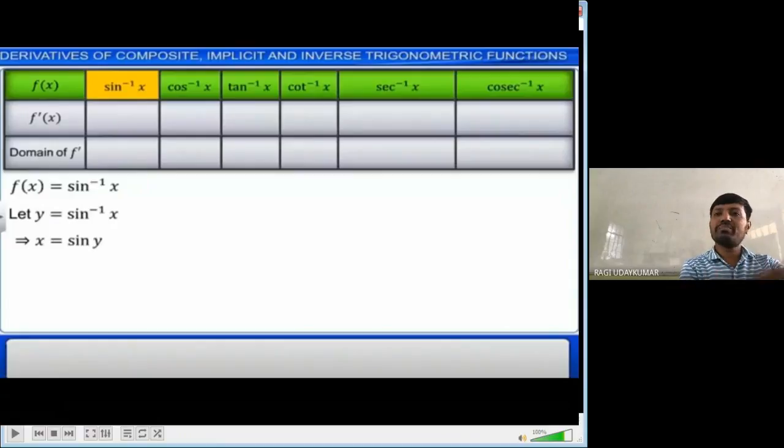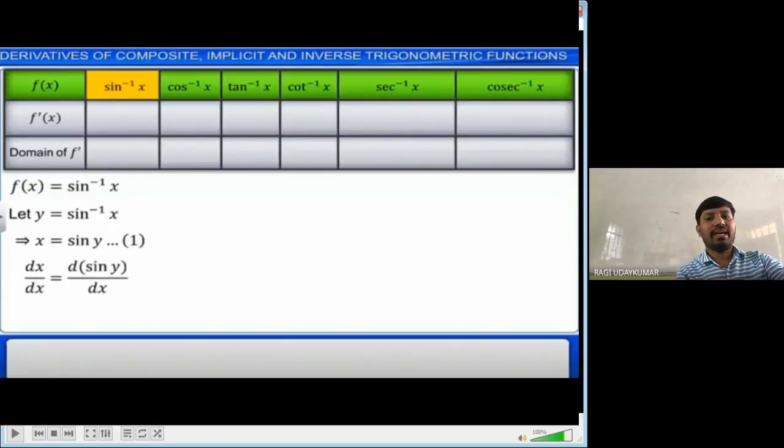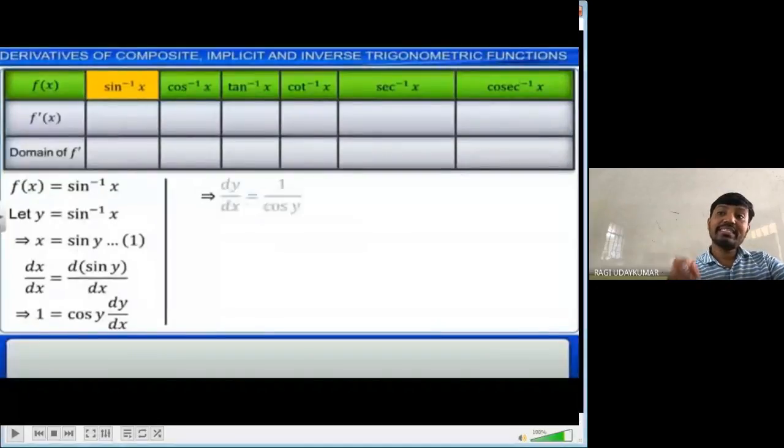Now differentiating both sides with respect to x, we get 1 equals cos y into dy by dx, so dy by dx equals 1 by cos y. But y should be expressed in terms of x only.